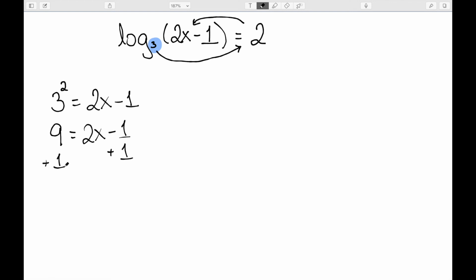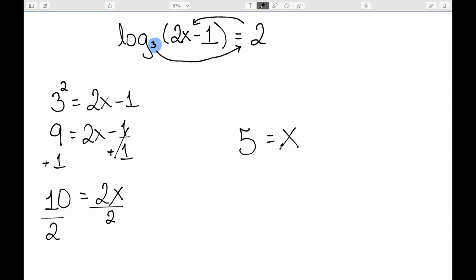I can add 1 to both sides. 9 plus 1 is 10, equal to 2x. Dividing both sides by 2 gives me 5 is equal to x. And we can double check our solution. 2 times 5 is 10, minus 1 is 9, and so that is a valid solution. x equal to 5.